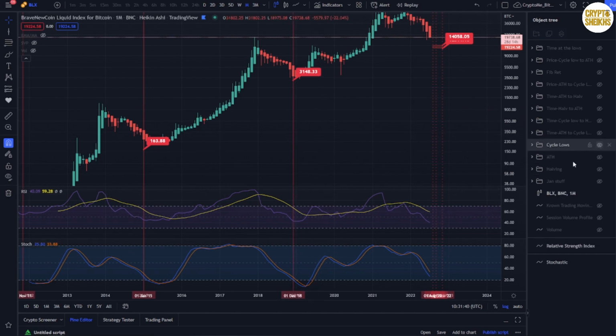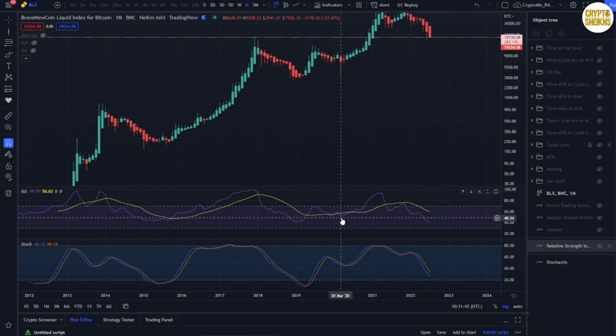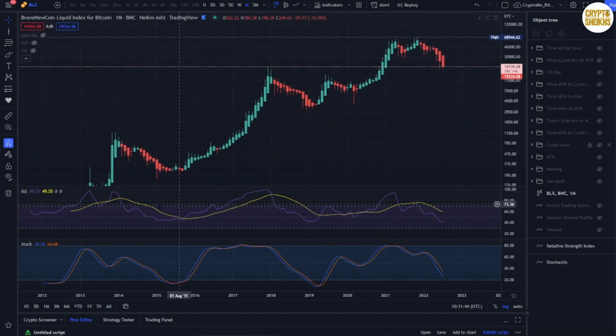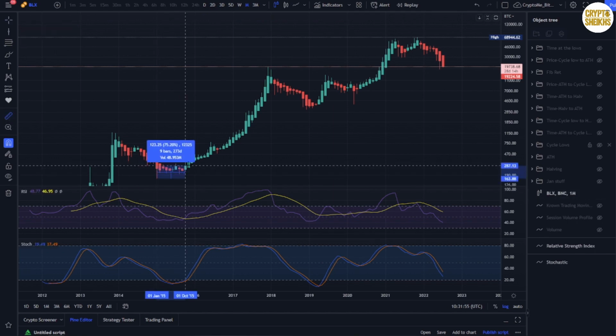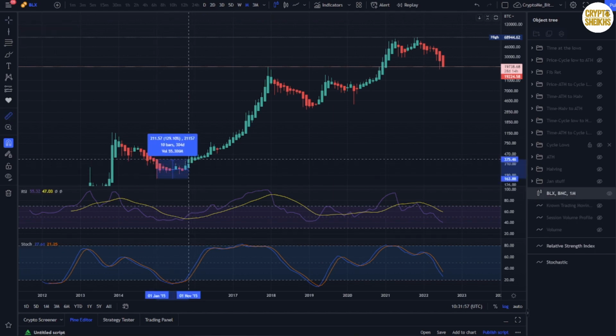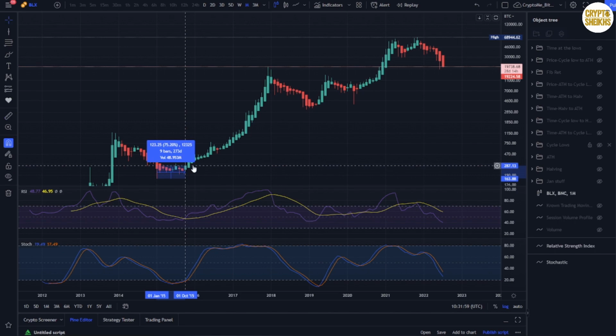Why can't you trade off this? Because it's called a lagging indicator. What does that mean? The moment the RSI crossed the moving average, which for me identifies, okay, this was the bottom, but look, the bottom was almost 75% earlier.